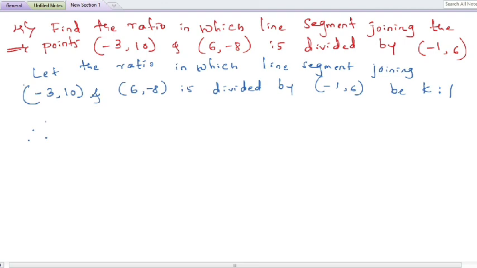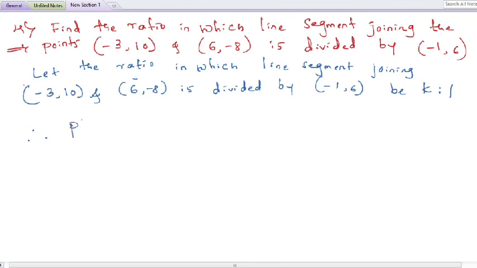Therefore, we have to find the value of k here. So, what will we get? Here the point is given, and we know the formula.